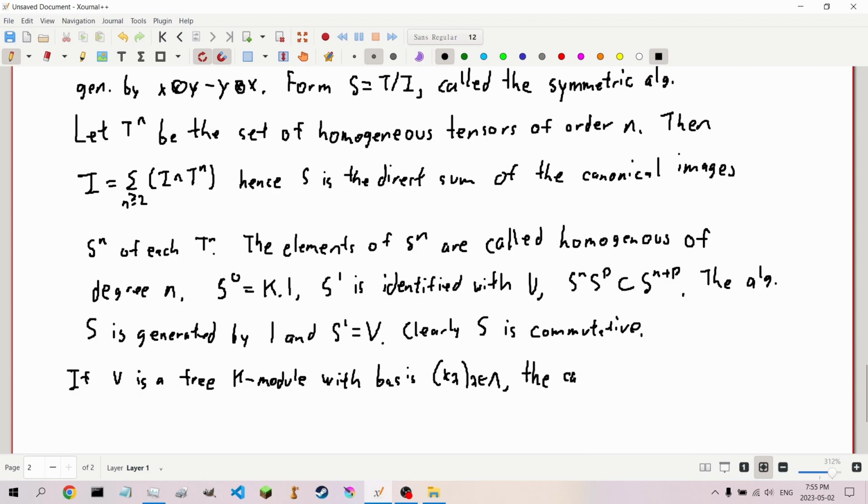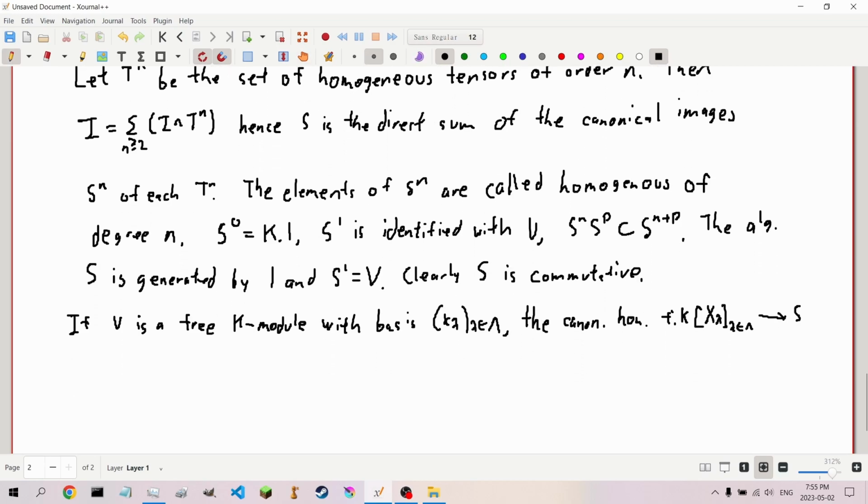Our canonical homomorphism f from the polynomial algebra of k with indeterminates X lambda, lambda in big lambda, onto S. This is injective, as always seems to be.